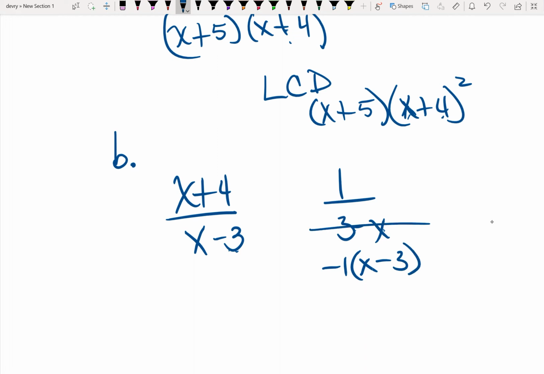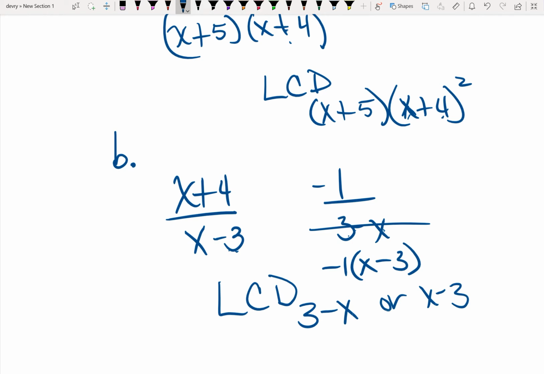So this is really negative 1 in a sense, up on the numerator. So your LCD for this one, technically, is going to be 3 minus x or x minus 3. And that one's a little tricky, but not terribly.